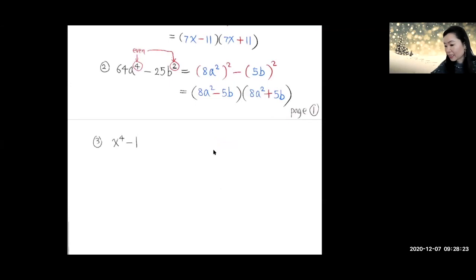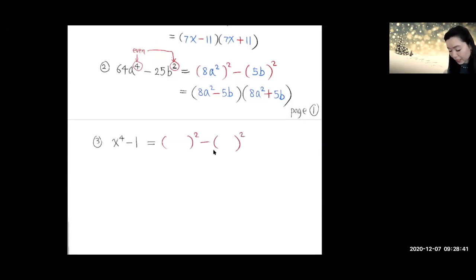Now the next one over here. Notice that the exponent on this x here is even. The one over here, you can also write it as 1 squared. So I'm thinking, can I write this as a difference of two squares?